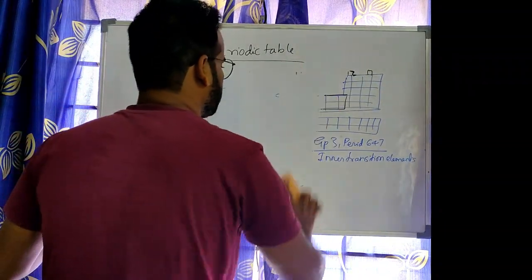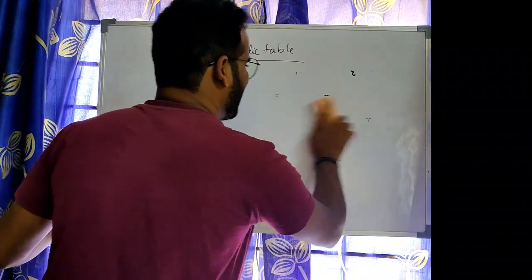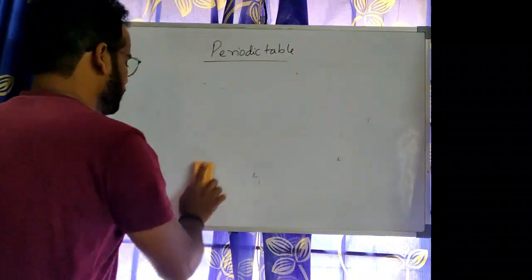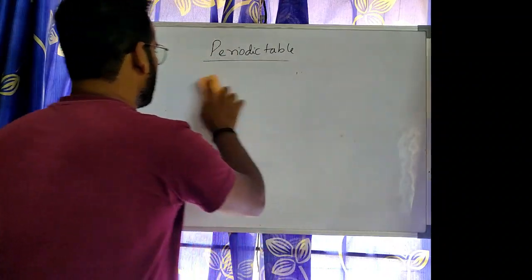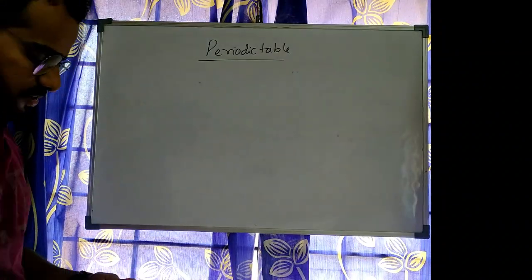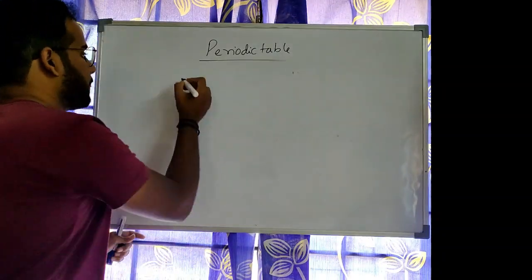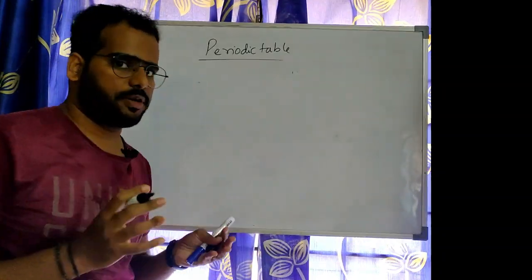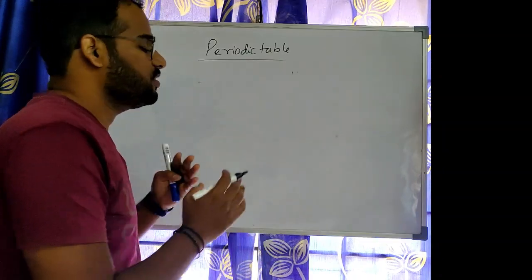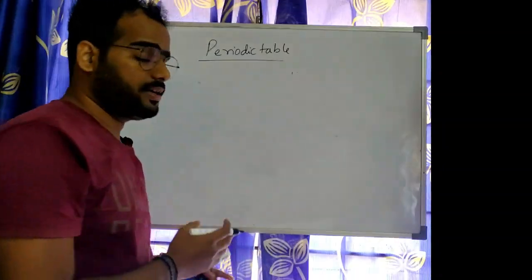Now let's go to the periodic trends, the trends of the periodic properties. The properties which repeat at regular intervals are called periodic properties. We have 6 periodic properties to learn and how they change across the period and down the group.